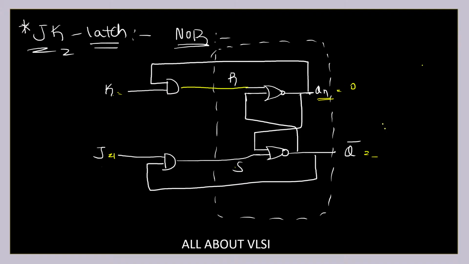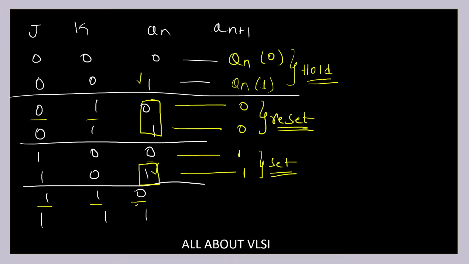So my present state is equal to 0 and its complement is equal to 1, K is equal to 1 and J is equal to 1. So this 0 will be propagated over here, this 1 will be propagated over here. So S will be equal to 1 and R will be equal to 0. It's a set condition, so this will be equal to 1 and this will be equal to 0. So you can see if your present state is equal to 0, your next state is equal to 1.